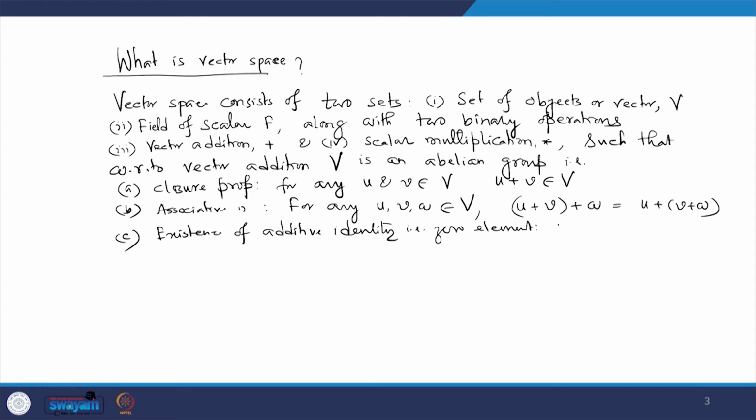I mean there exists an element E belonging to capital V such that for any u belonging to capital V, u plus E equals E plus u equals u. E is called the zero element.